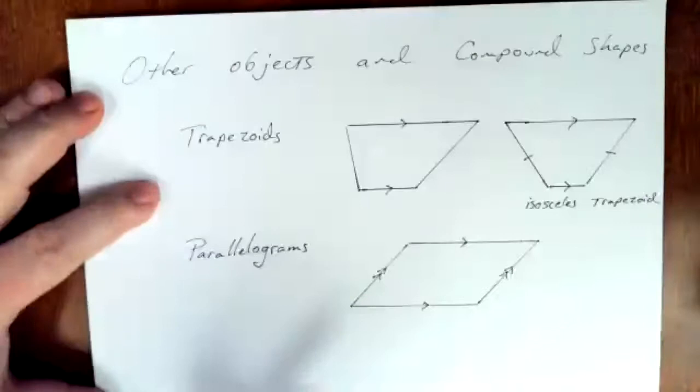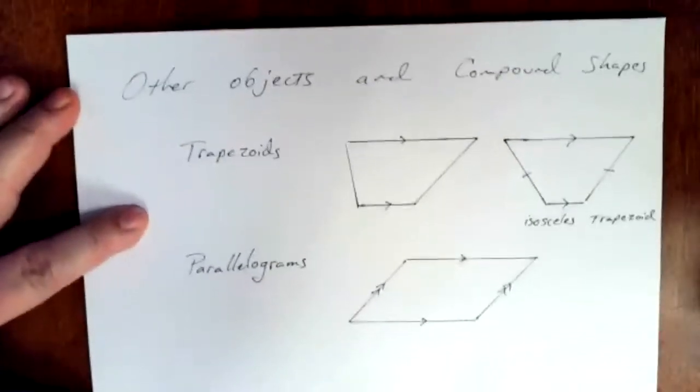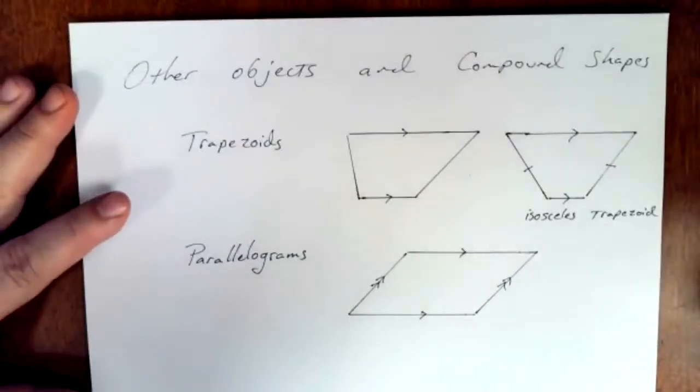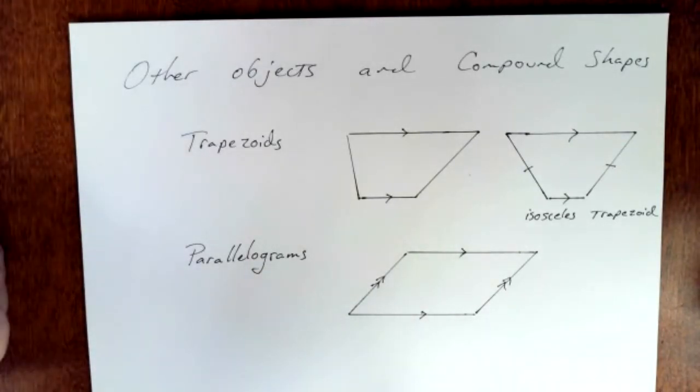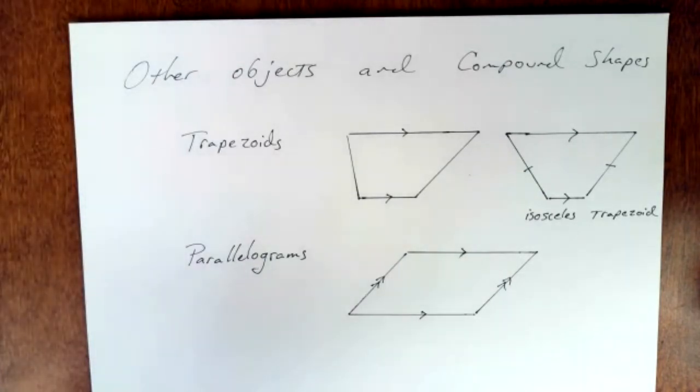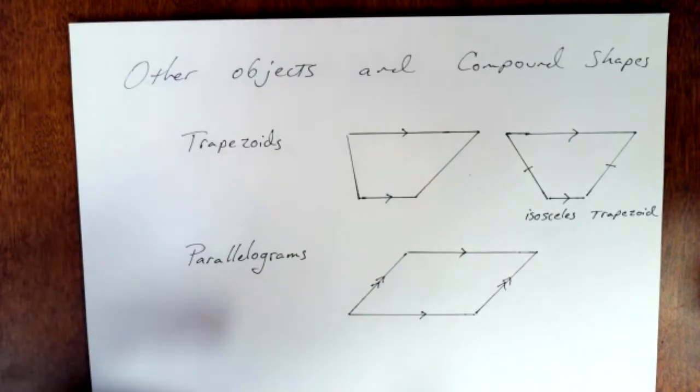But like I said, we're going to spend a lot of time talking about these in a couple of weeks. Probably next week is when we're really going to start working with their properties. Right now, it's just important for us to know what they look like. So we're going to talk about their areas because we're going to use them to make three-dimensional objects.